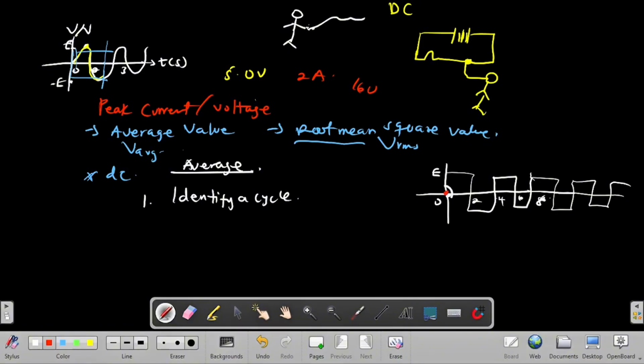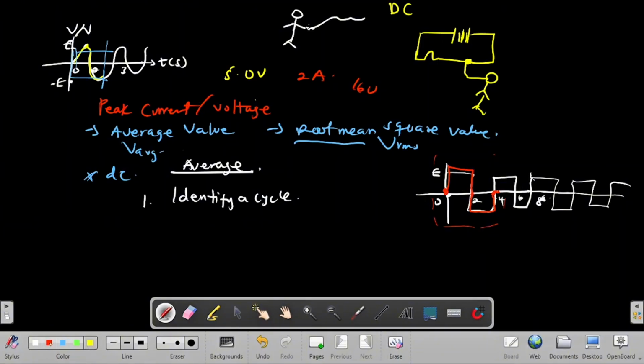This signal starts from 0, rises to E, maintains for 2 seconds, comes back to 0, moves down, then starts from 0 again. So a cycle in a waveform is where a signal starts and starts again. It started here and it's starting again here. This whole section is what we call one cycle. The same will repeat for the others.